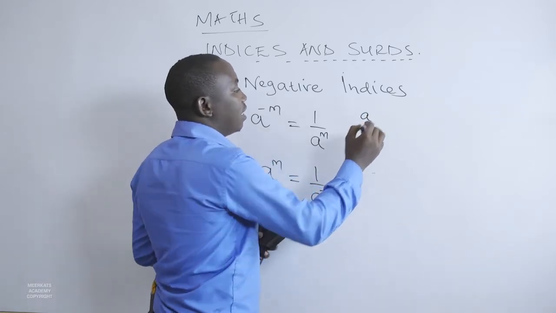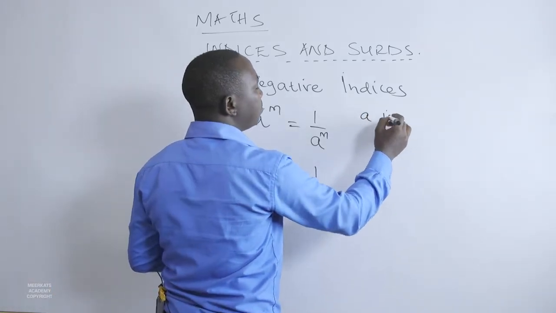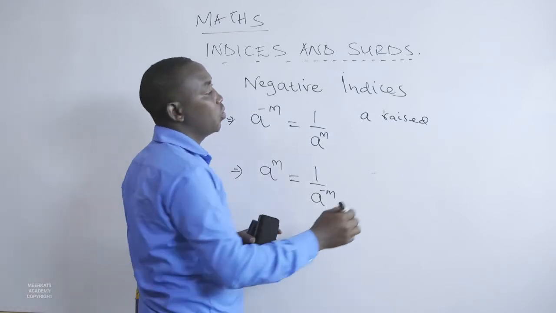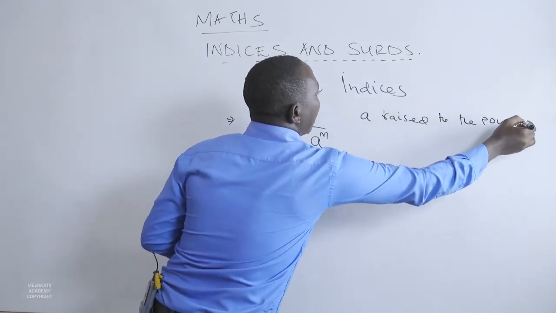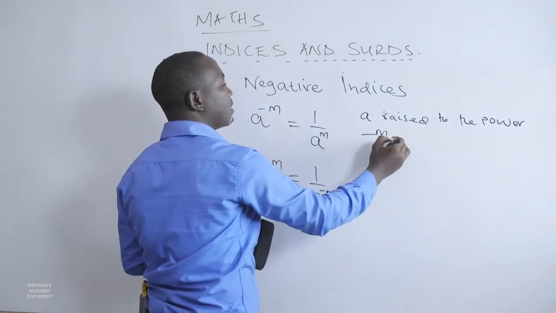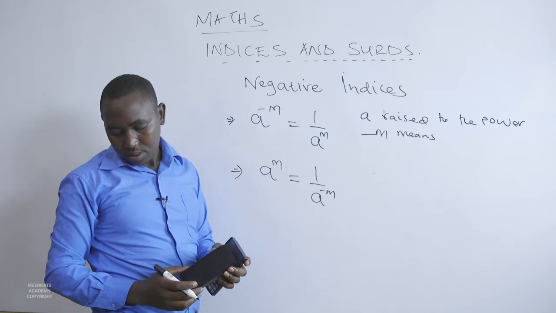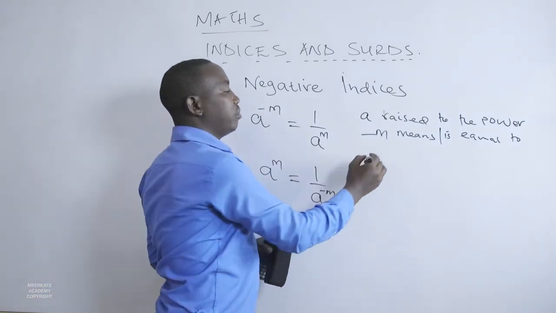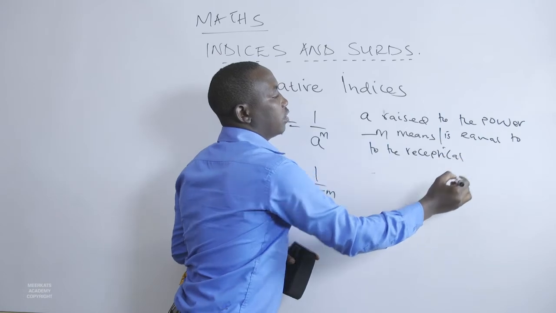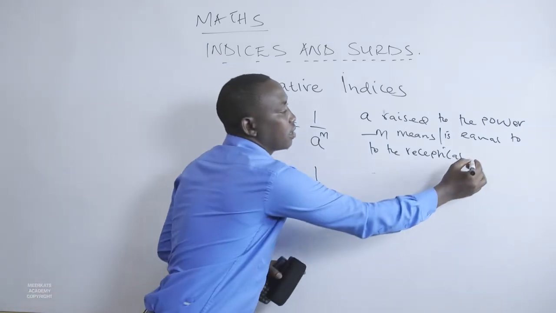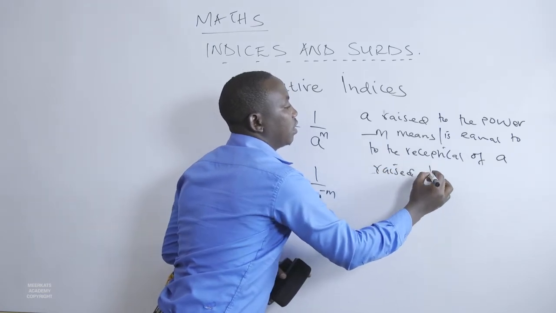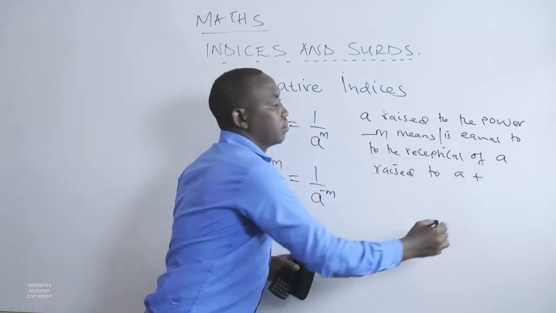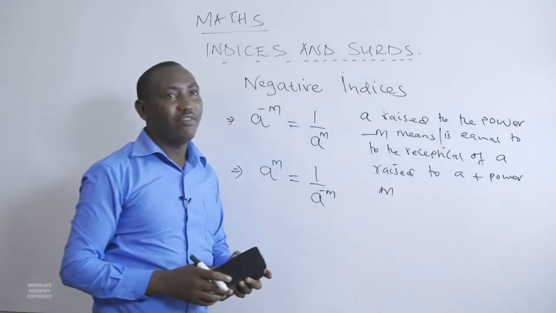And we can say that a raised to the power negative m is equal to the reciprocal of that same a raised to a positive power m.